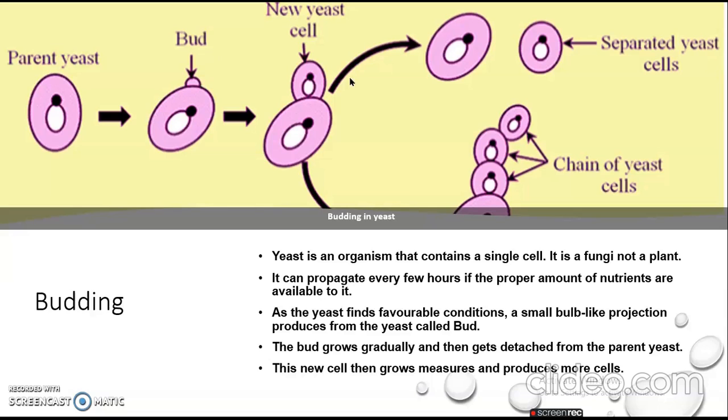Then from the bud there is the new yeast cell. Then these separated yeast cells, or a chain of yeast cells, as you can see in the picture. I hope you understood budding in yeast.